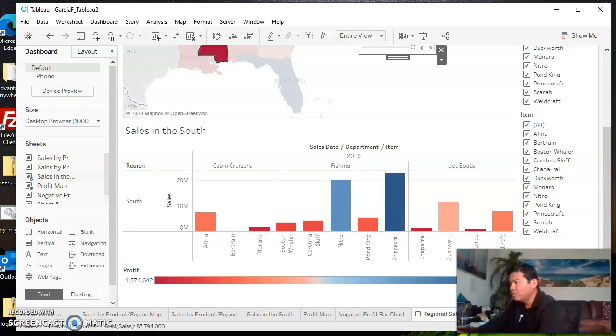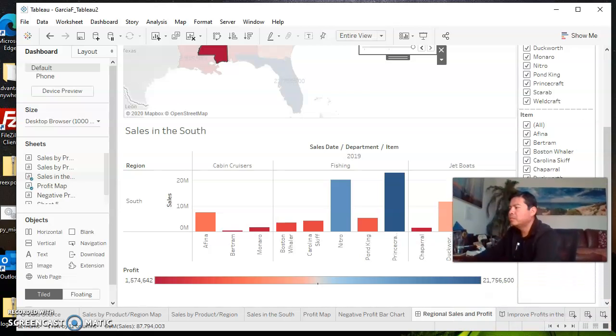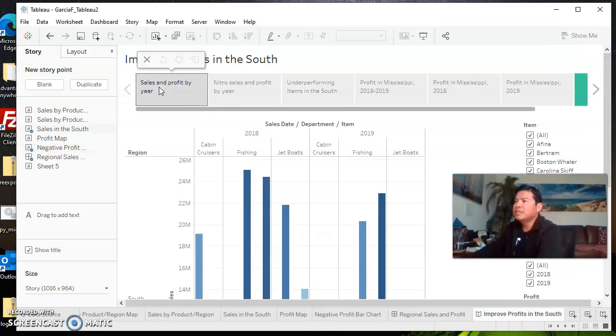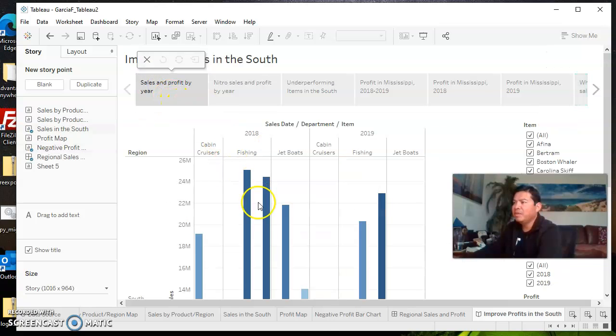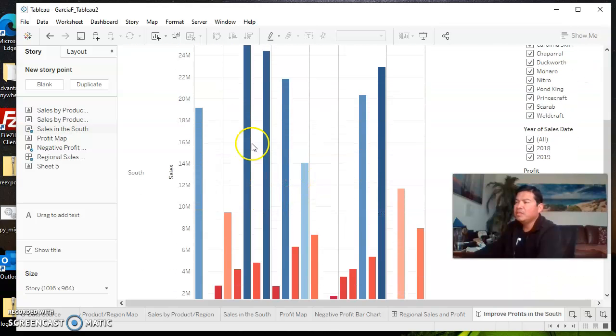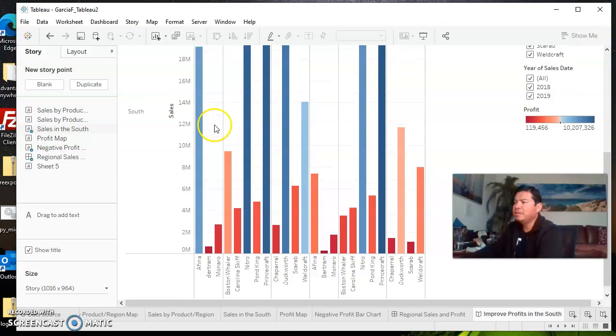Maybe we can continue to our next part, the story section of Tableau. Here we can look at the sales profit by year, and we have the south region selected here.